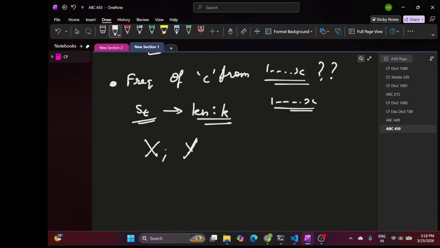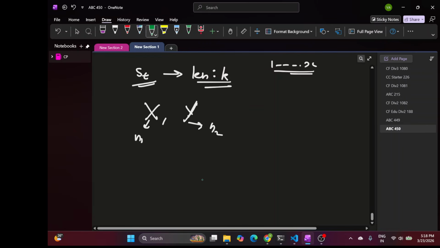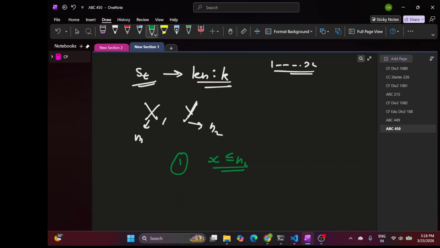Let's say its length is n1 and its length is n2, right? So now if x is less than equal to n1, our answer is the prefix count up to x for character C, right?